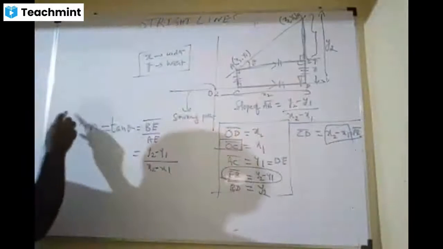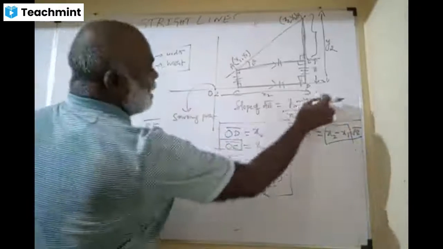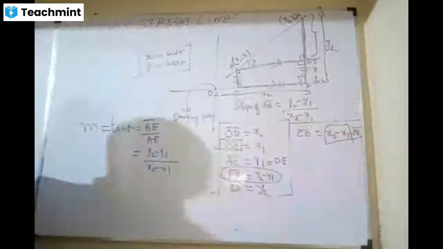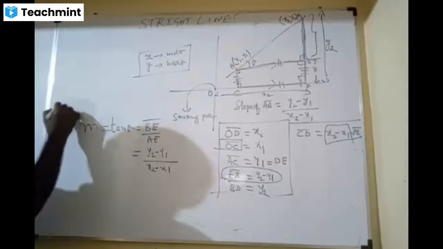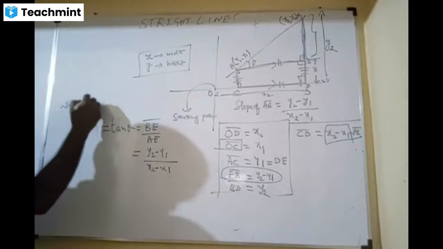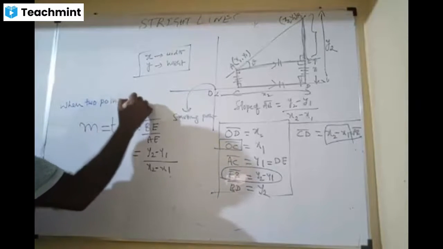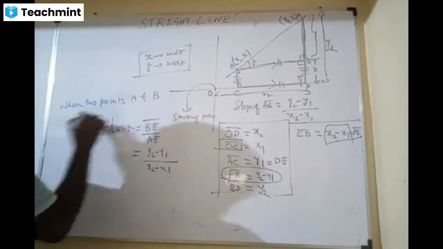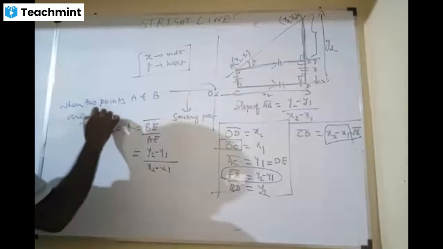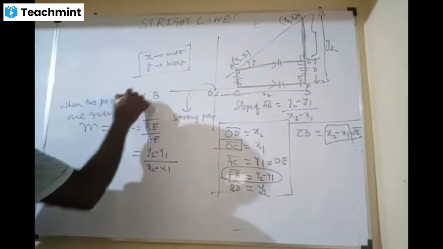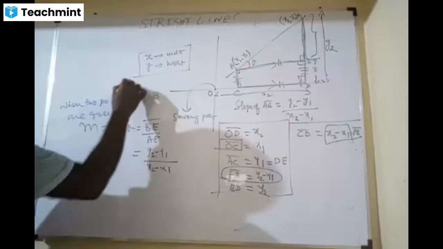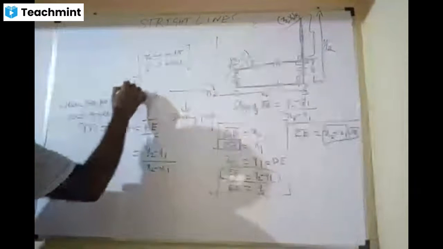So friends, the proof is this, dears, okay? When 2 points A and B are given, what is A here, Sudarshan? X1, Y1.